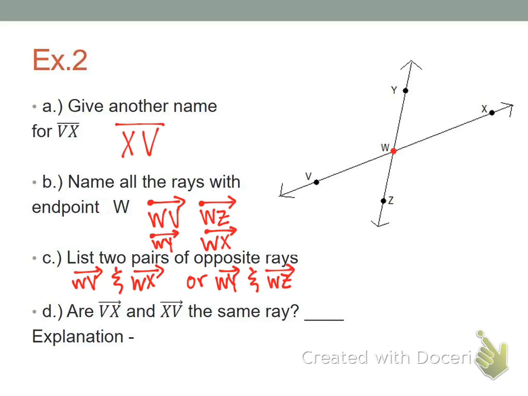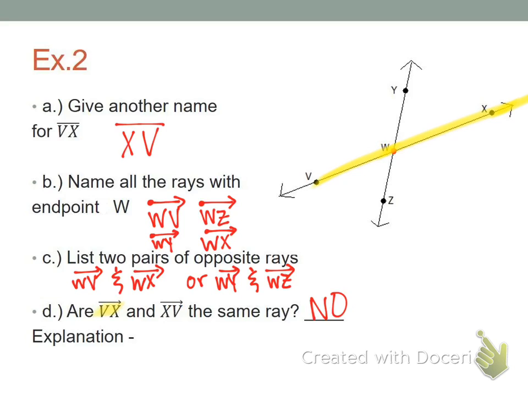Are rays VX and XV the same ray? Let's do thumbs up, yes, thumbs down, no. Should be seeing thumbs down. Those are not the same ray. No. So I'll try to highlight real quick. If we're talking about ray VX, we're starting at V and we are headed towards X and we keep going.